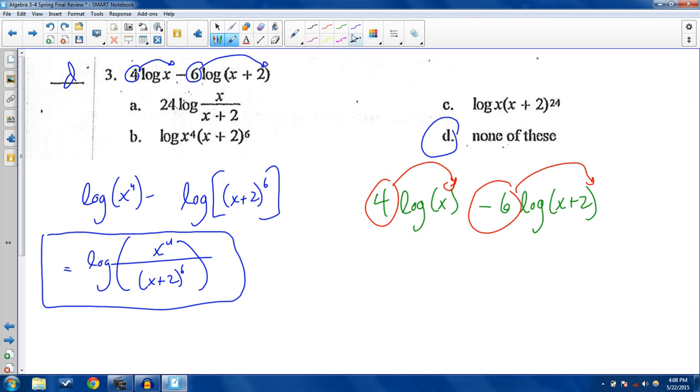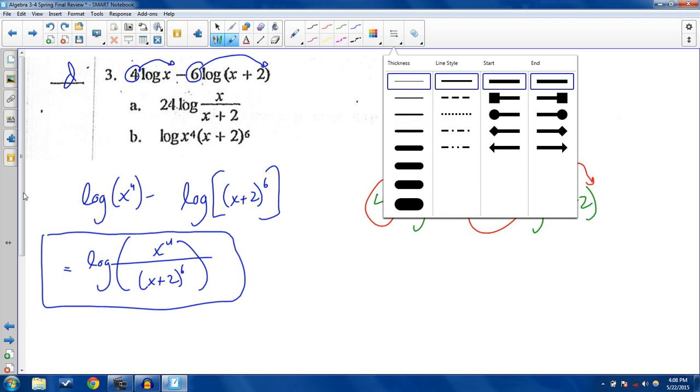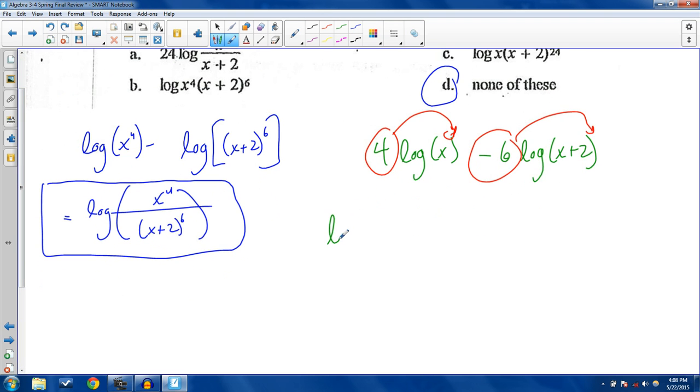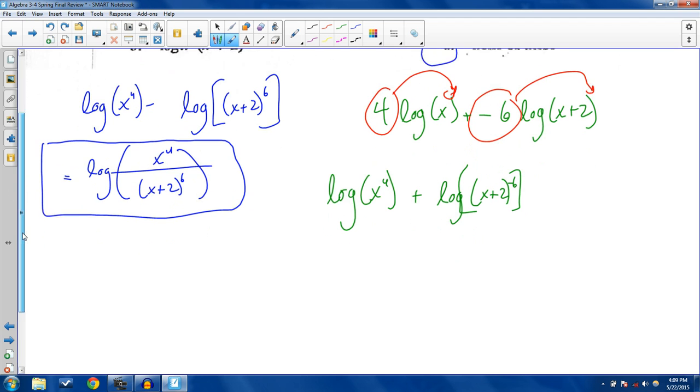So when I rewrite this, it's going to end up looking like log of x to the 4th. Now, this is plus negative 6, right? So if I brought up a negative 6, this would be plus log of x plus 2 to the negative 6th power. And as you know, a negative 6th power is 1 over x plus 2 to the positive 6th power.